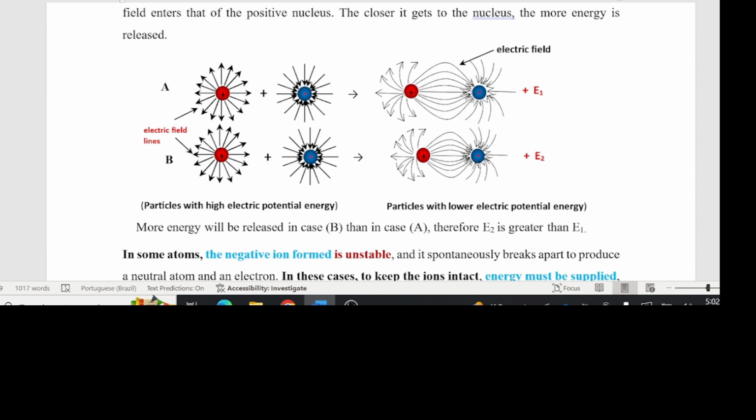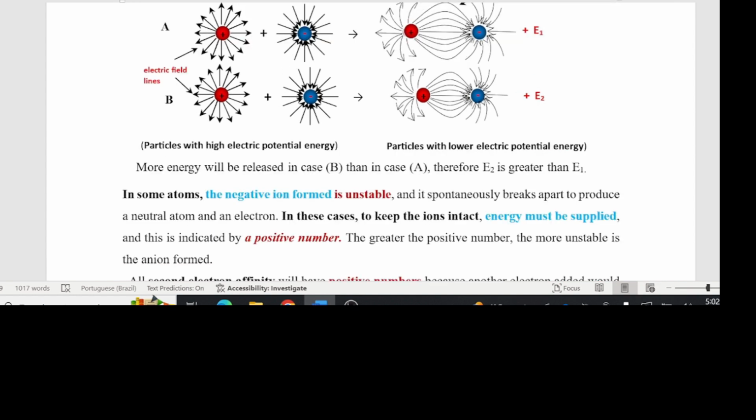Now, when these 2 charges come closer together, energy is released. In this case, we'll call this E1. Now, if we bring these charges a little bit closer together, you get a different amount of energy released, E2. And in this case, E2 will be greater than E1 because the charges are coming closer and closer together. So the point to note is that the closer a positive charge comes to a negative charge, the more energy is released. Okay?